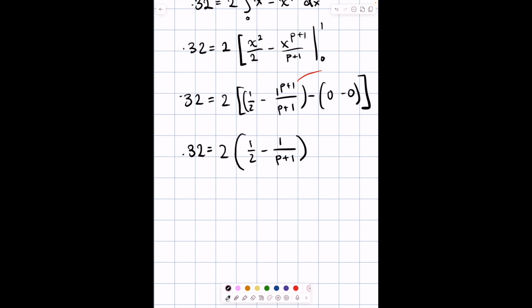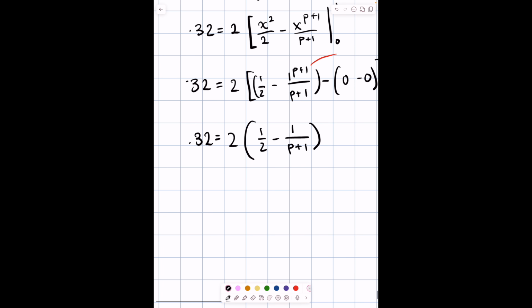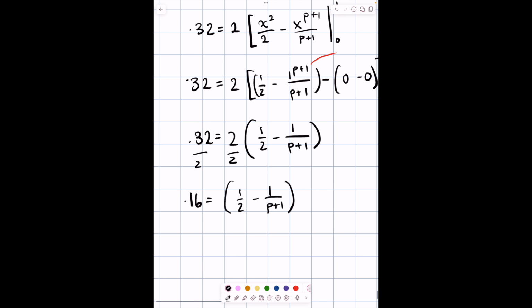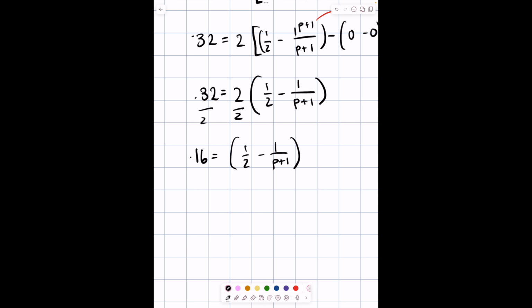And then I want to eventually isolate this p, so let's divide by 2 on both sides. I get 0.16 is equal to 1 half minus 1 over p plus 1. And then I can subtract the 1 half. 0.16 is actually equal to 16 over 100, and then minus 1 half, which is 50 over 100, equals negative 1 over p plus 1.